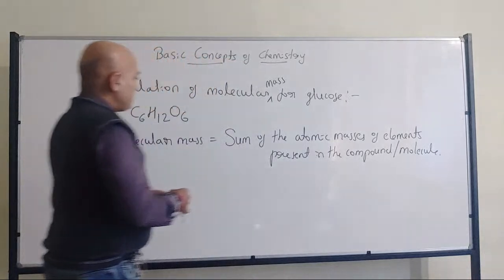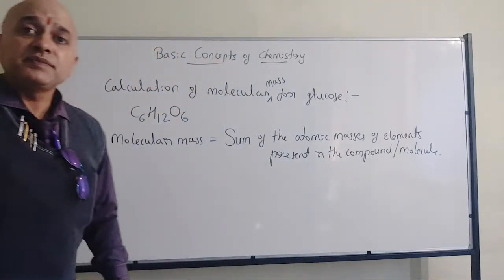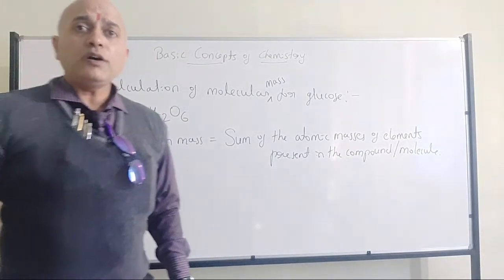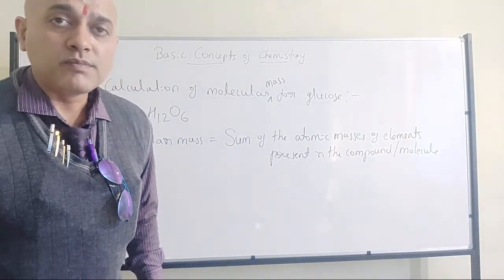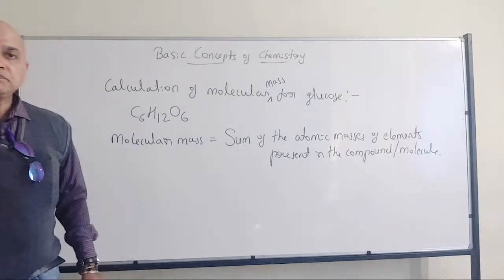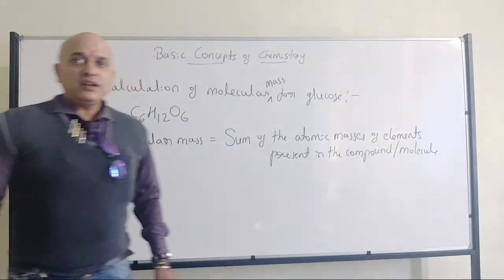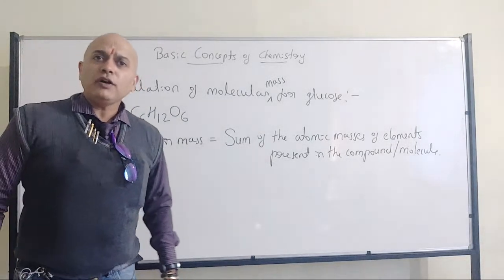So that's where we have the molecular mass. Now can you tell me glucose, whether it is a compound or molecule? We will see whether you remember or not. Whether glucose is a compound or molecule.